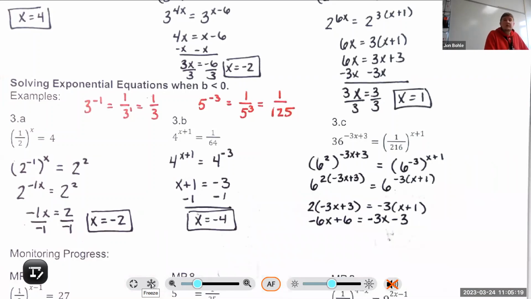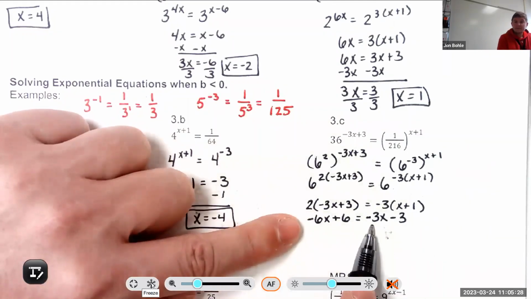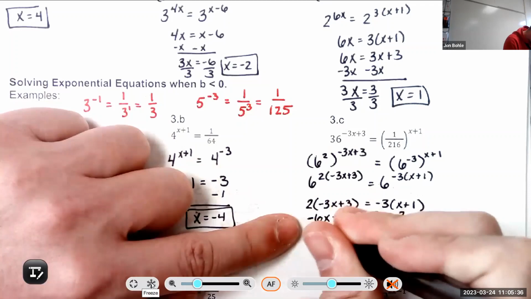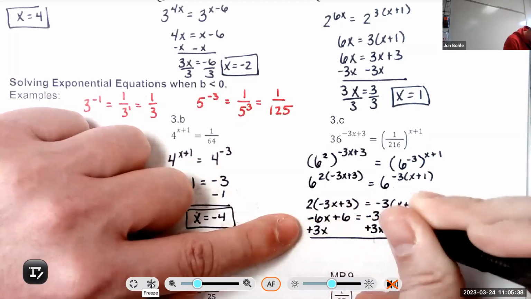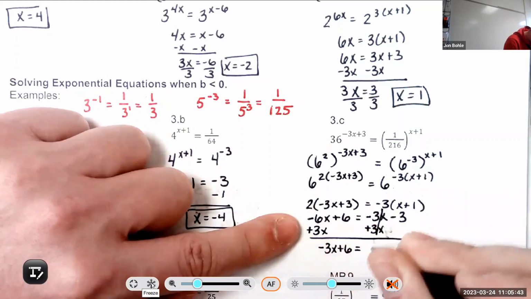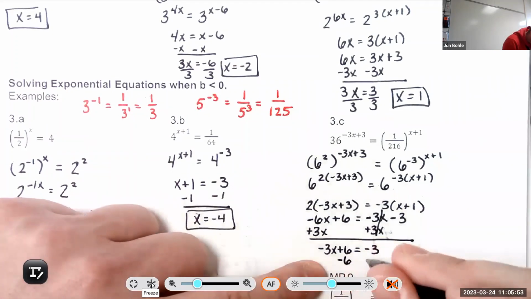Now this one, you get to pick what side you want your variables on. And it doesn't matter. Left, okay, if we want them on the left, that means I need to get rid of them on the right. How do I get rid of a -3x on the right? Okay, so now here I'm going to get rid of my +6 with a -6.